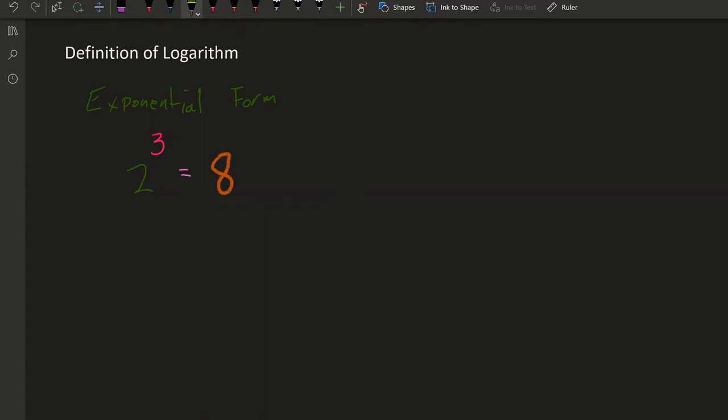Now, taking that, I'm going to change it into logarithmic form. That would be log base 2 of 8 is equal to 3.